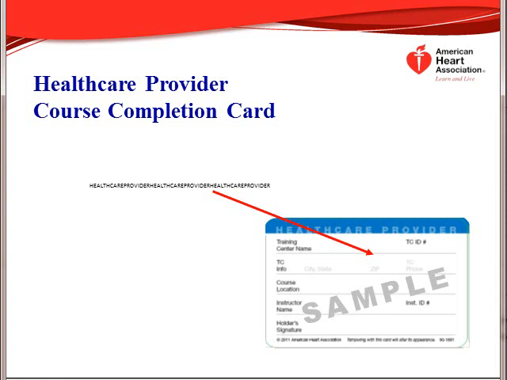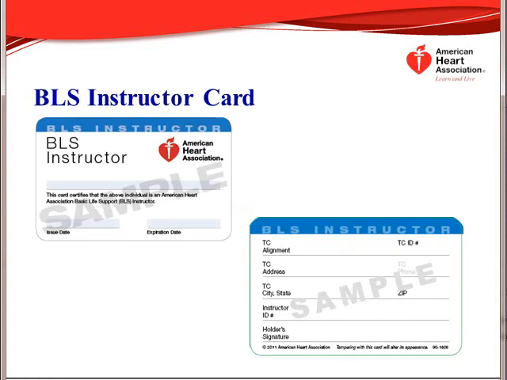The Instructor card uses the same new graphic features as the Healthcare Provider card. Additionally, as you can see on the front of the card, the certification statement is abbreviated. The security microprint is also enhanced for instructor cards and uses the course title in all caps, no spaces, BLSINSTRUCTOR in this case.